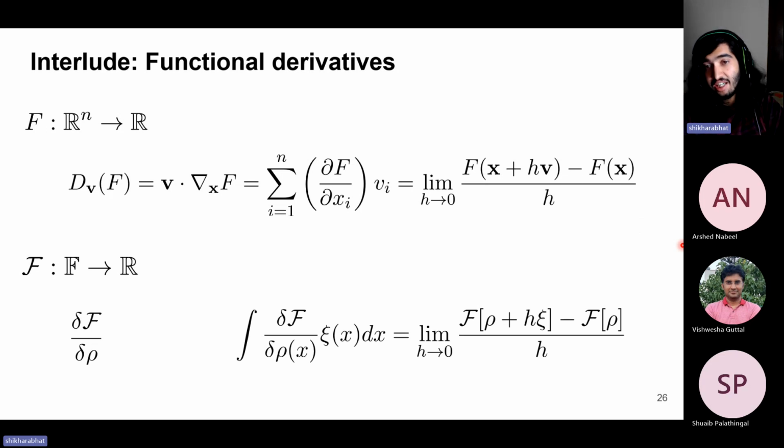If I have any function ξ, which is nice, ∂F/∂ρ is uniquely defined as a function such that if I integrate it with ξ, I will get something like a directional derivative in the direction of ξ.